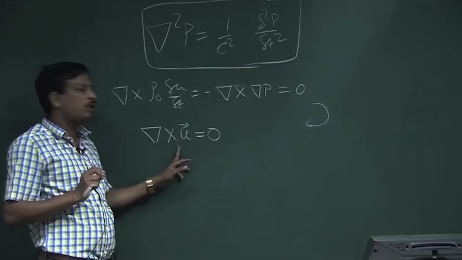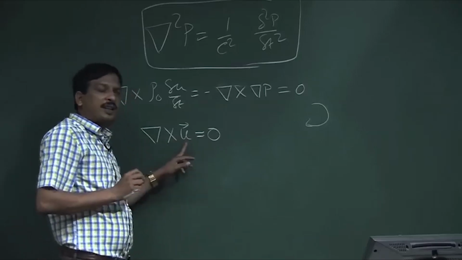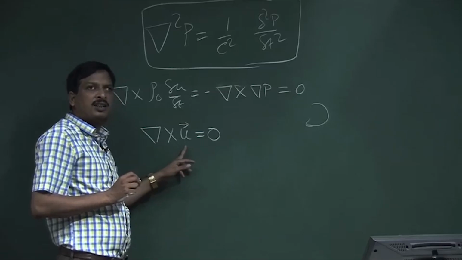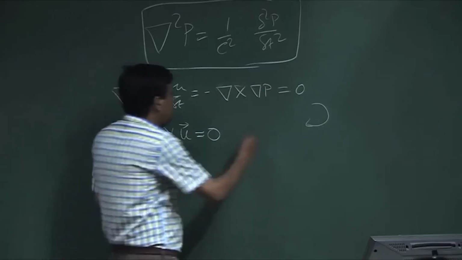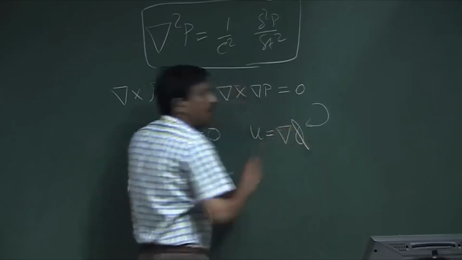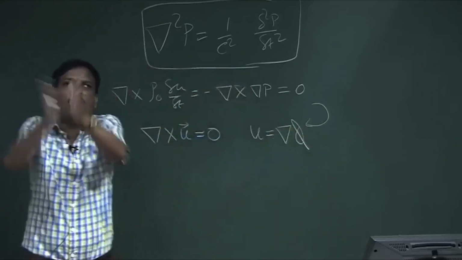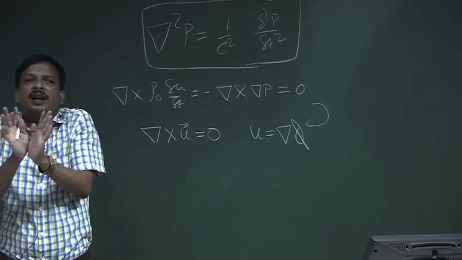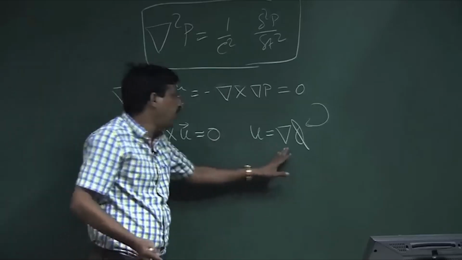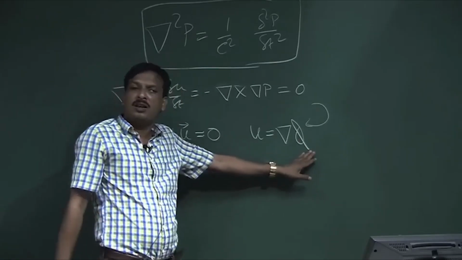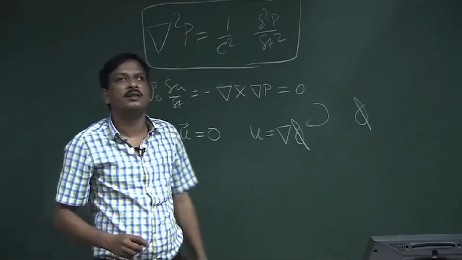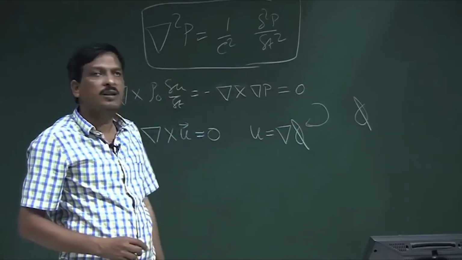So the particle velocity can be expressed through a scalar function. I say u is nothing but the gradient of phi, because the particle velocity is in all directions but does not have any angular motion. This phi is called the velocity potential.